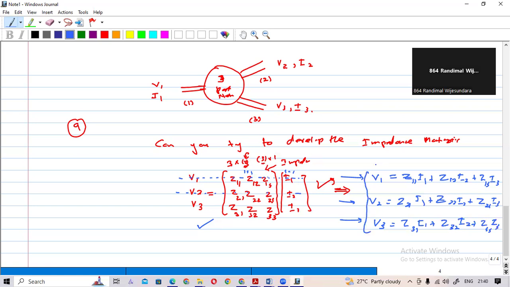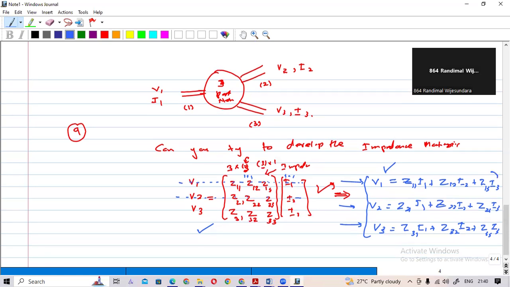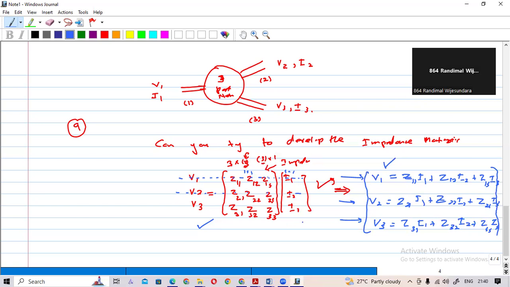Okay. Is this correct? Did you get this answer, anyone? Okay. So I hope you got it. And if you consider 4 by 4, 5 by 5, for a 4-port network, you will have 16 Z values.